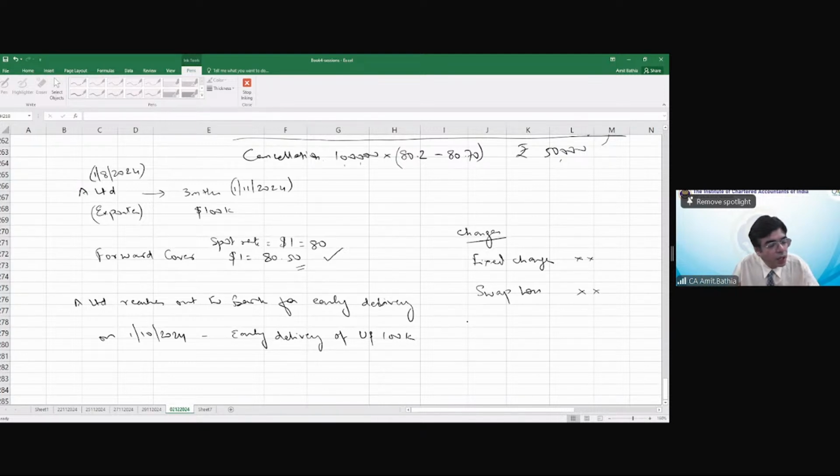Plus, what is the other element which could be there? This loss is known as swap difference, which you will find in the modules generally referred to as swap loss.